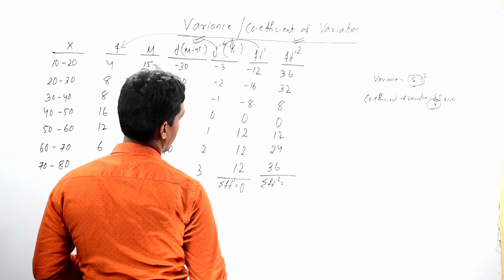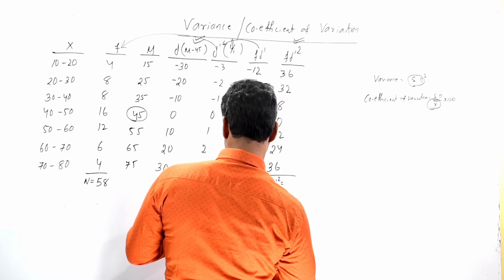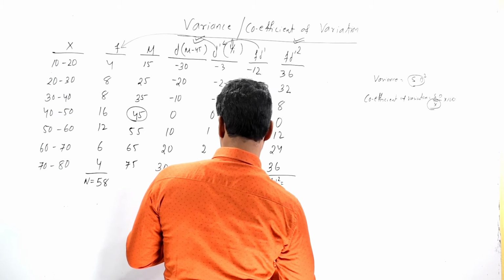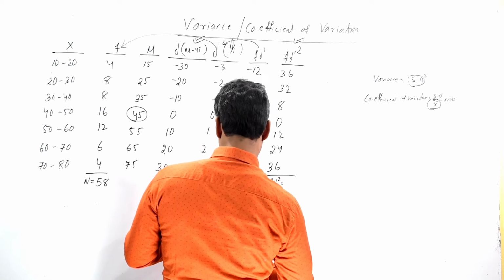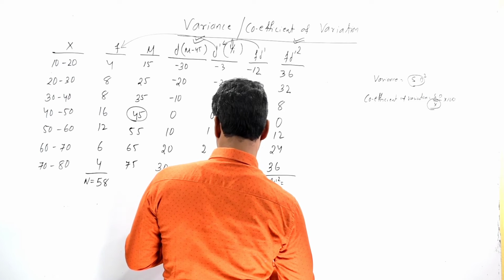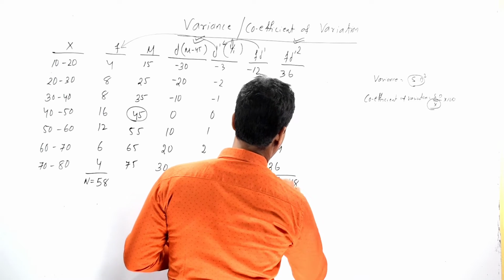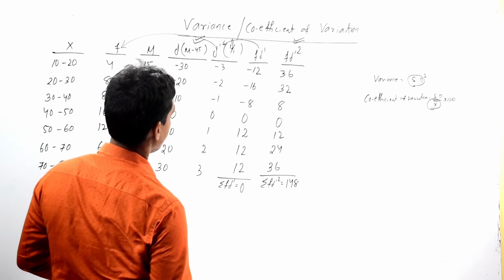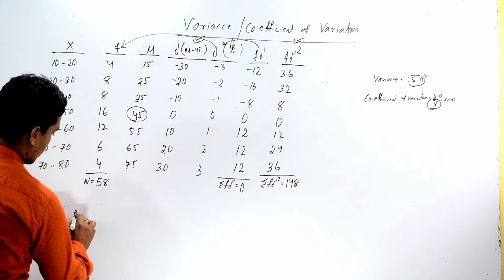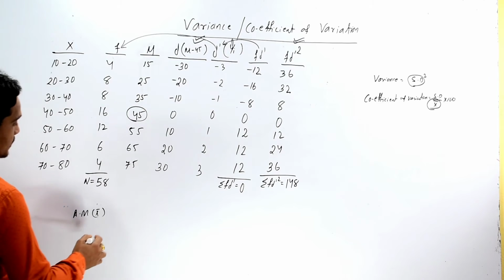Summation f d dash square equals 36 plus 32 plus 8 plus 12 plus 24 plus 36 equals 148.